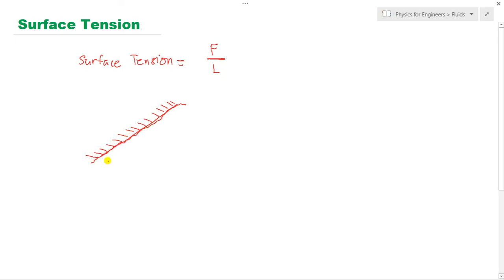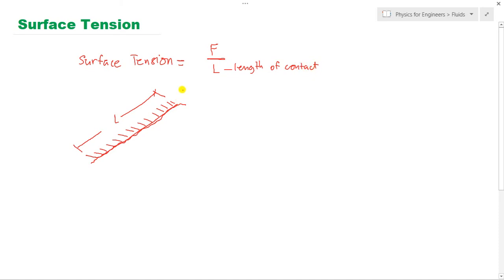So what is the value of the surface tension here? The value of the surface tension is just the ratio of the force over the length. Let's say this is the length of contact, L, the length of contact between the fluid and the object.